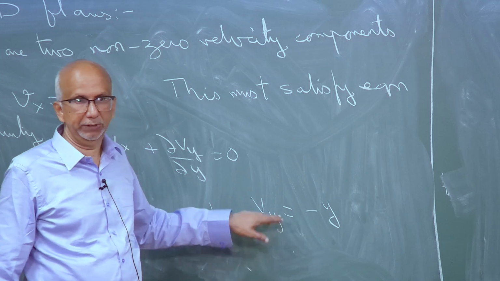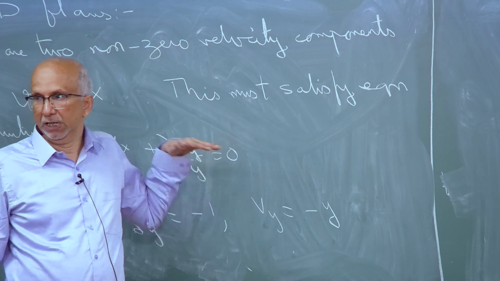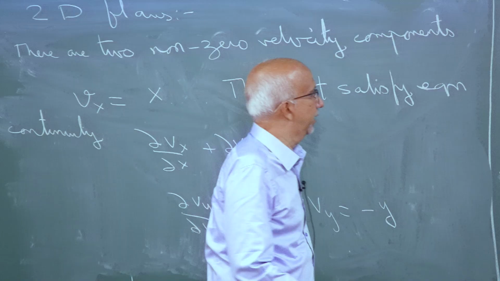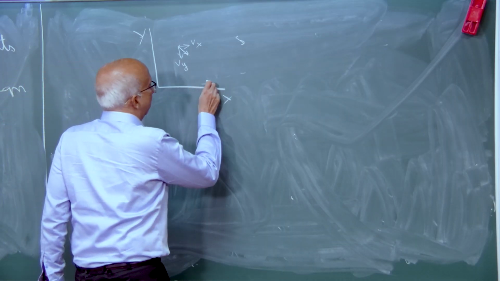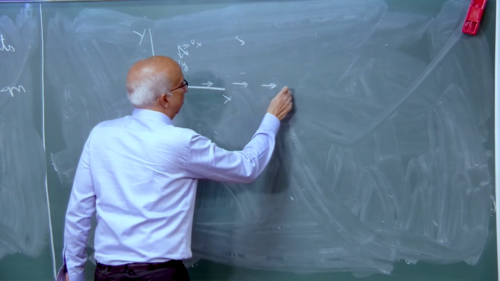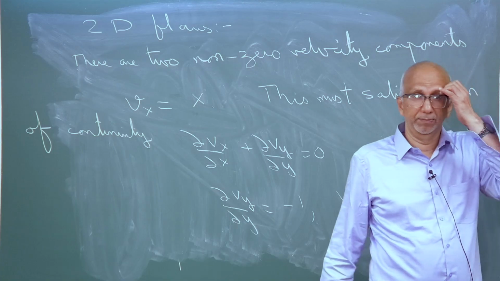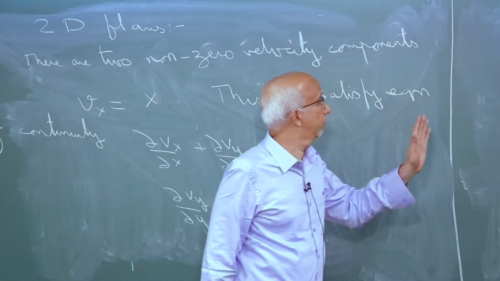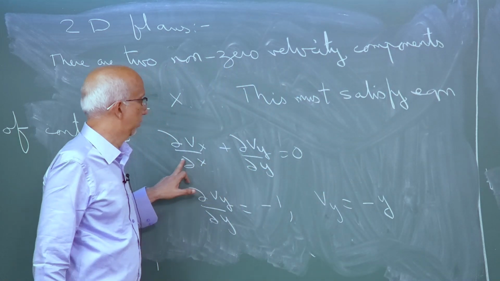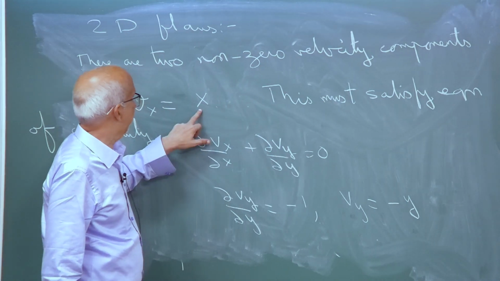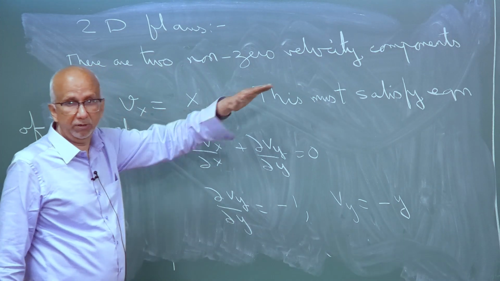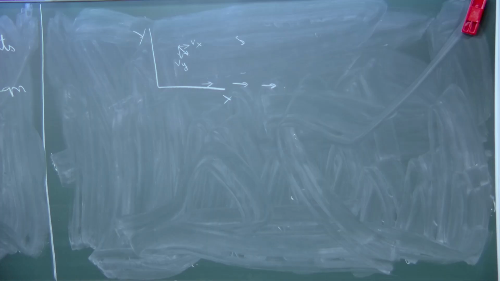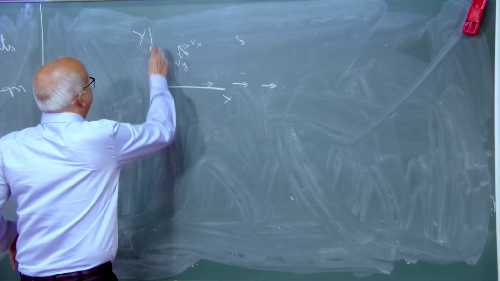So, Vy is 0, there is no y component of velocity, velocity is only horizontal. So, here the velocity is going to be horizontal, agreed, and along the y axis x is 0, and you have no horizontal component of velocity, only the y component of velocity is there, and that is negative.